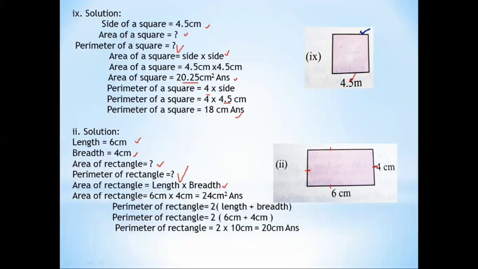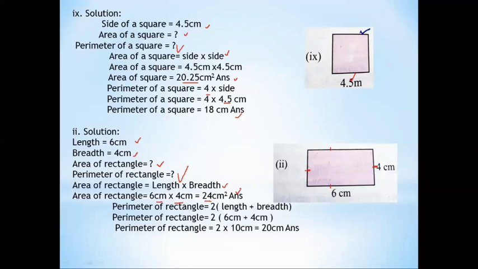Length is equal to 6 centimeter, I wrote the 6 centimeter. Breadth is equal to 4 centimeter, I wrote the 4 centimeter. Now 6 fours are 24. Centimeter multiplied by centimeter is centimeter square. So we will write the answer here: 24 square centimeter.